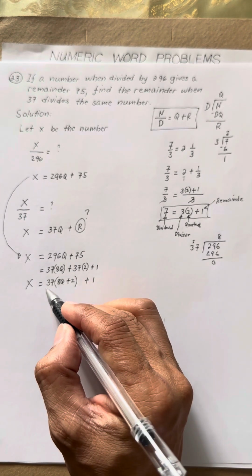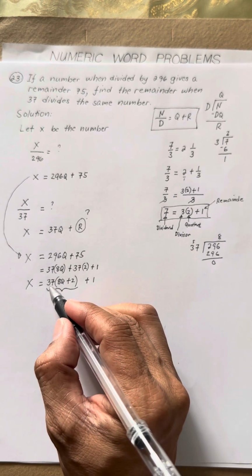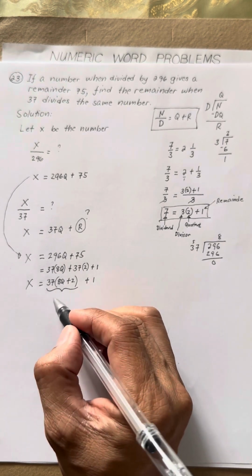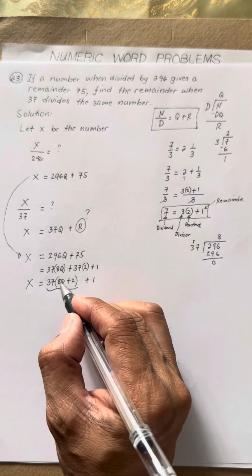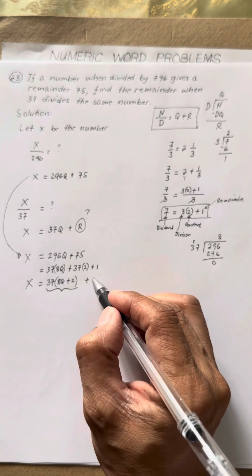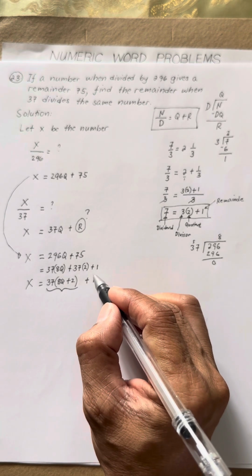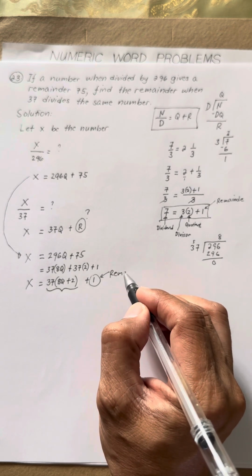So the whole thing here is now our divisor, which is 37, times the quotient. This is the total quotient, 8q plus 2. Alright, and this is our remainder. Okay, this is the remainder.